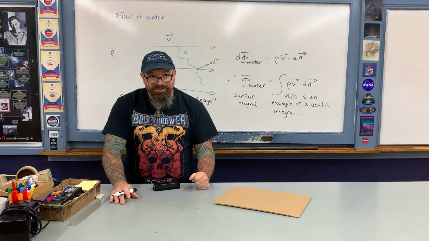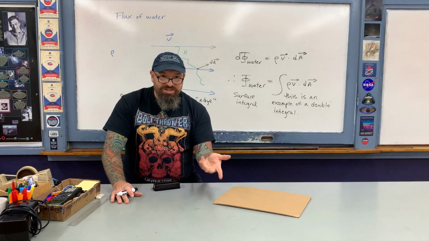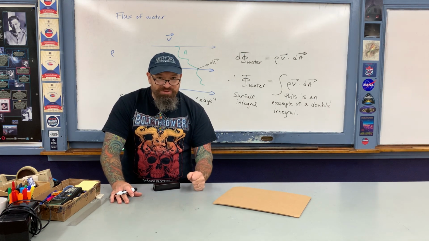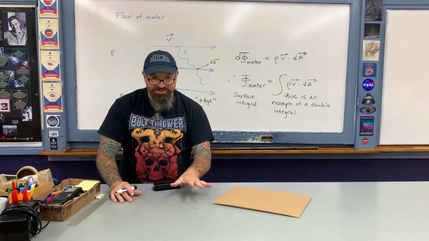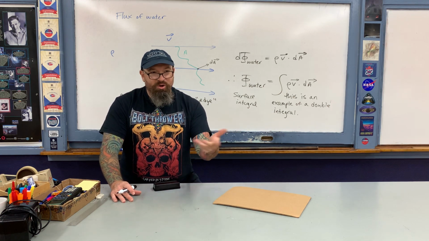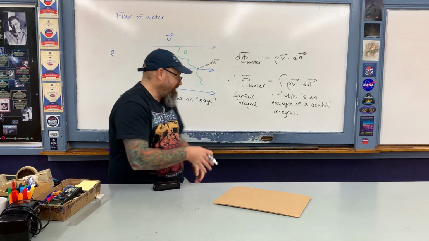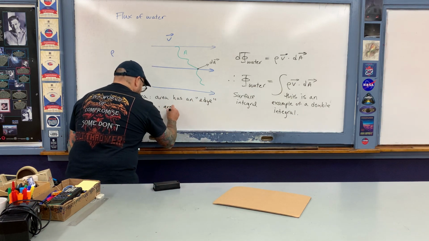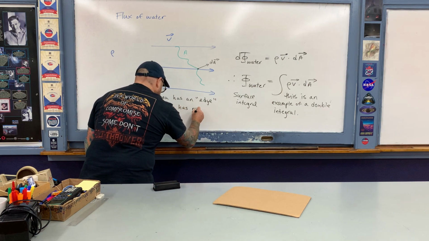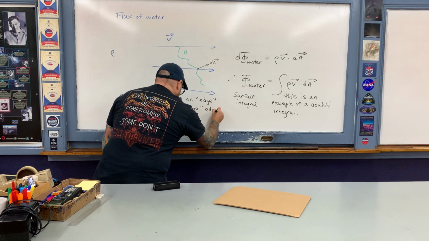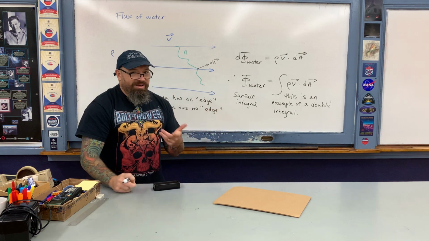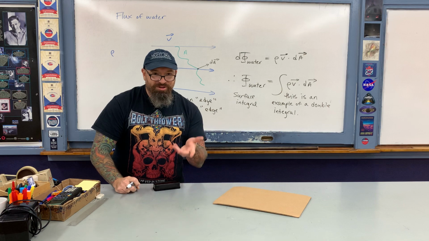No. And the reason for that is because the three-dimensional sphere has a surface area associated with it that is closed. It never has an edge. So if you walk on the surface of the earth, you're never going to come to an edge. The area has no edge. So now let me calculate the flux of water through a closed area.